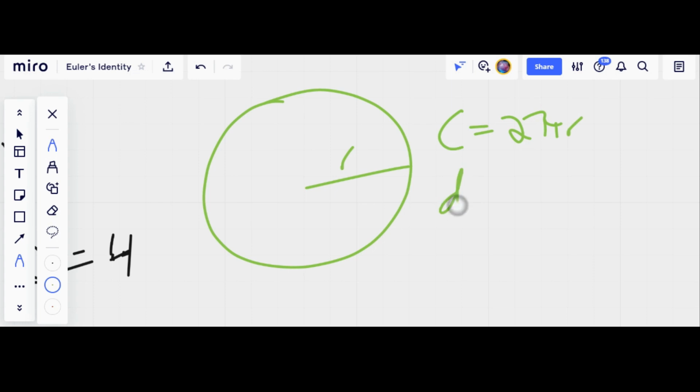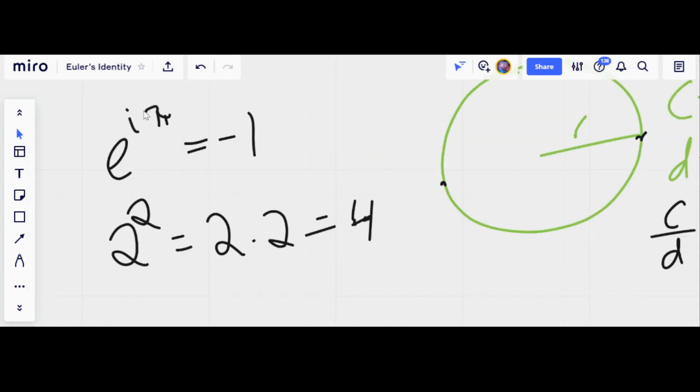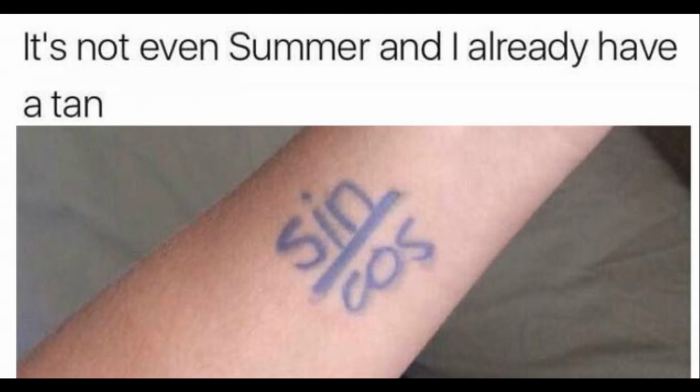Well, the diameter is simply just 2r. If we note here that c over d is going to equal 2 pi r all over 2r, which is just pi, right? So this is where pi comes from. If you want to pause right now and try to figure out an explanation for why this is, go ahead.